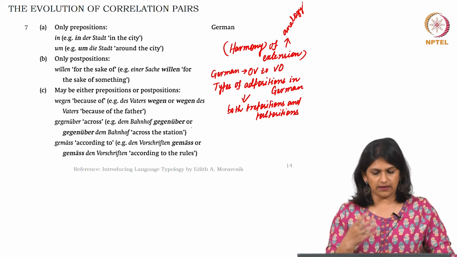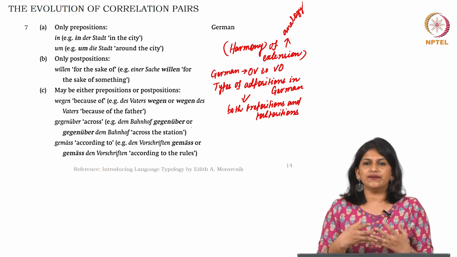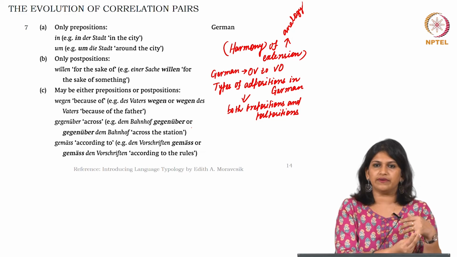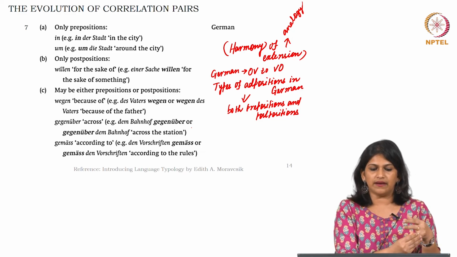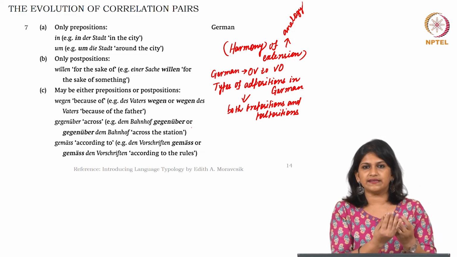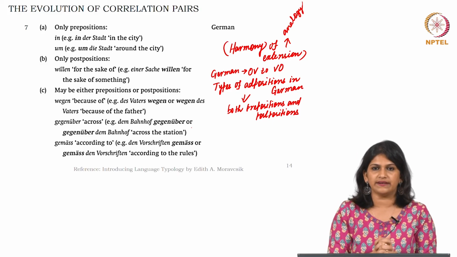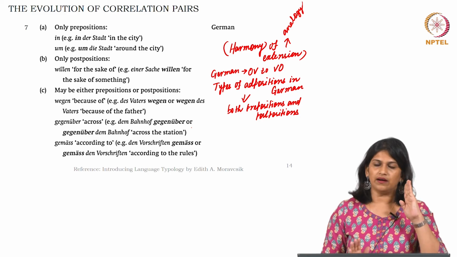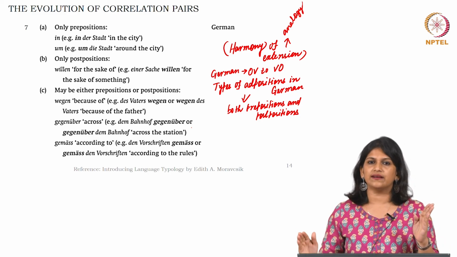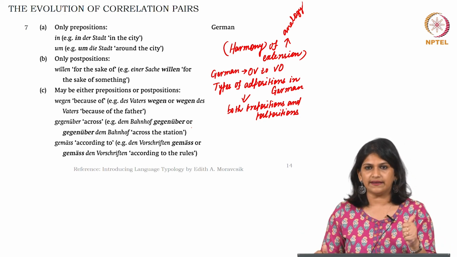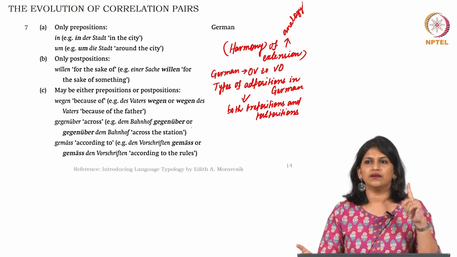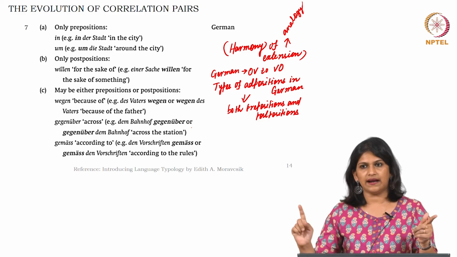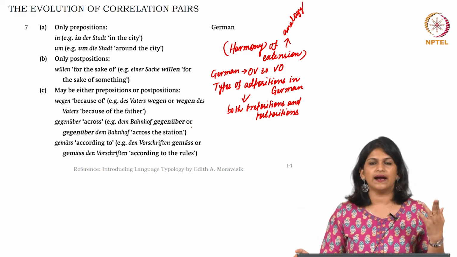And after this, once we get an idea how historically languages have changed and how at the article level we have evidence, word order level we have evidence, and then this evidence can be extended to correlational pairs like noun phrase and then the adposition. So, what we realized to begin with, at the historical front: definite articles at the final stage, demonstratives at the initial stage, indefinite articles at the final stage, numerals at the initial stage.